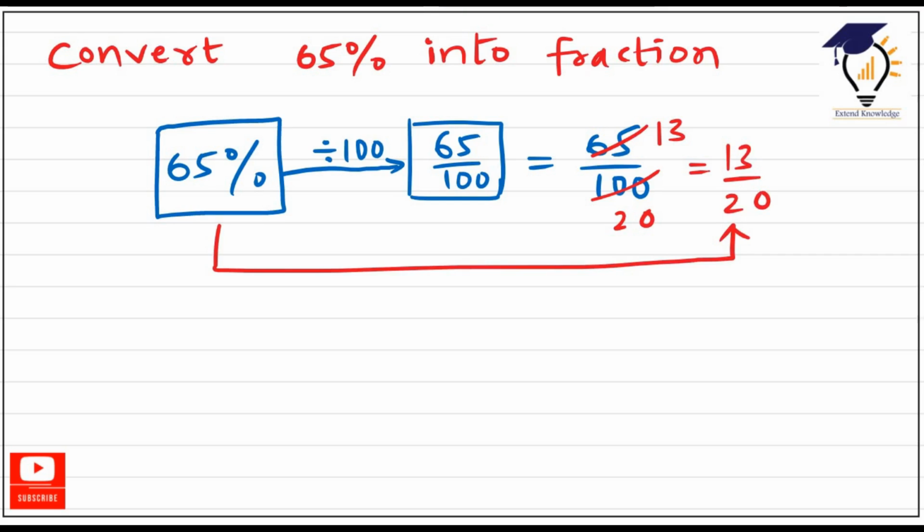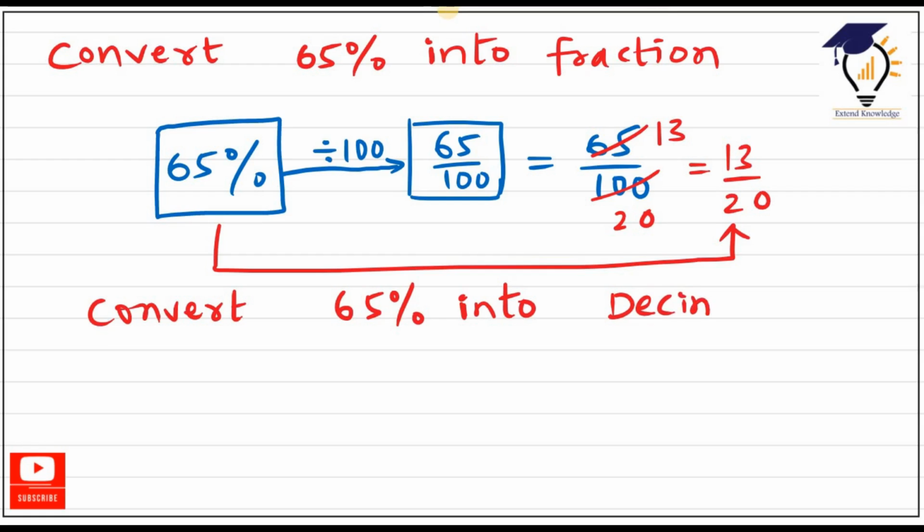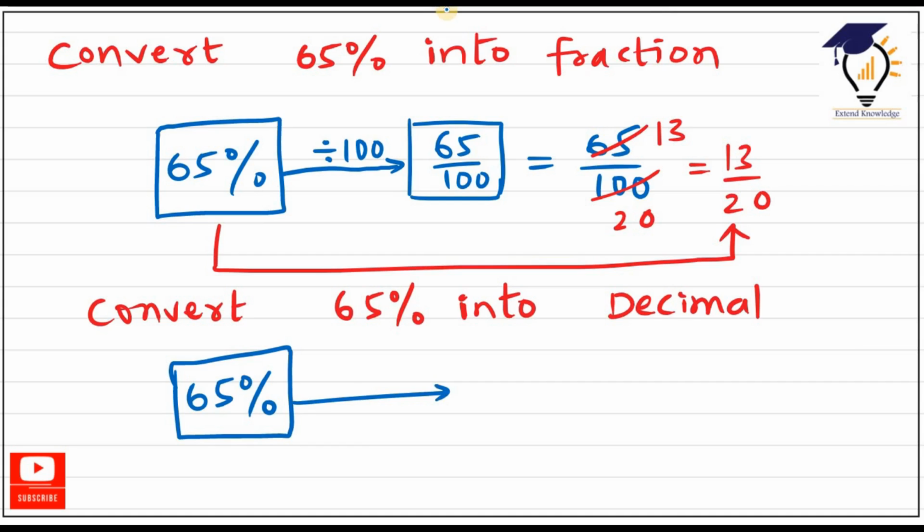Let's take the same example. Convert 65% into decimal form. So I am taking the 65% number. To convert this into decimal form, as we have discussed, we have to multiply with 0.01.